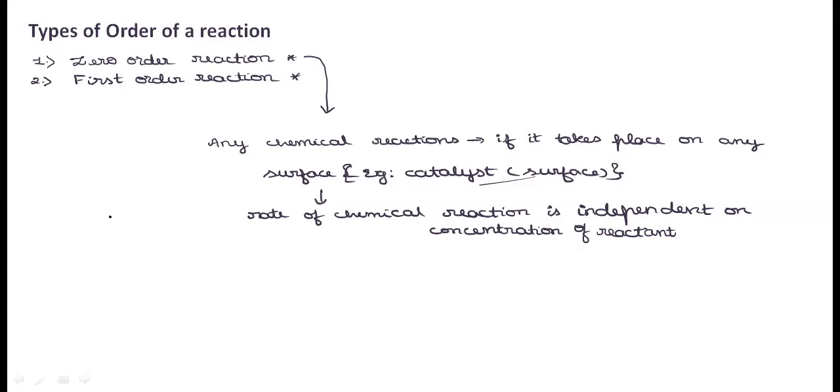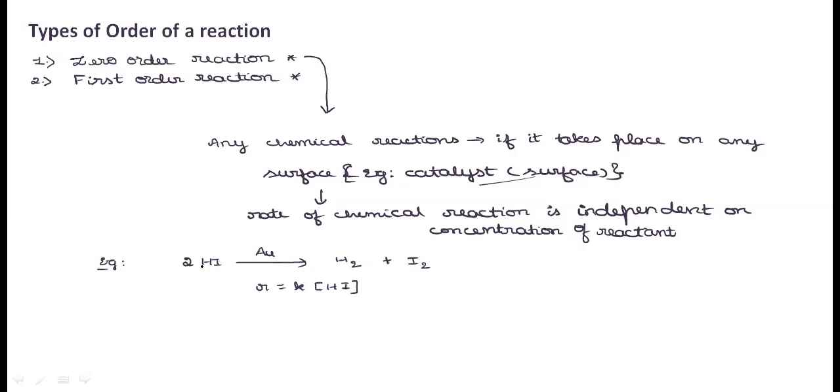Now, for example, consider the decomposition of hydrogen iodide taking place on the surface of gold. On the surface of gold, the decomposition of hydrogen iodide gives hydrogen and iodine. If we write the rate equation, R is equal to K into concentration of HI.